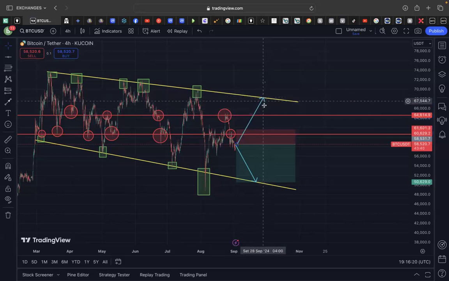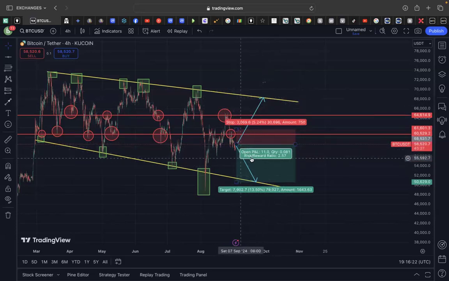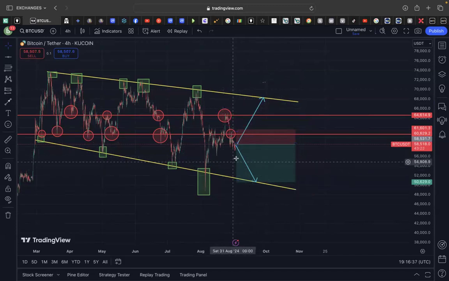But the longer we stay under 60,000, we are likely to go down. We're likely to go lower.